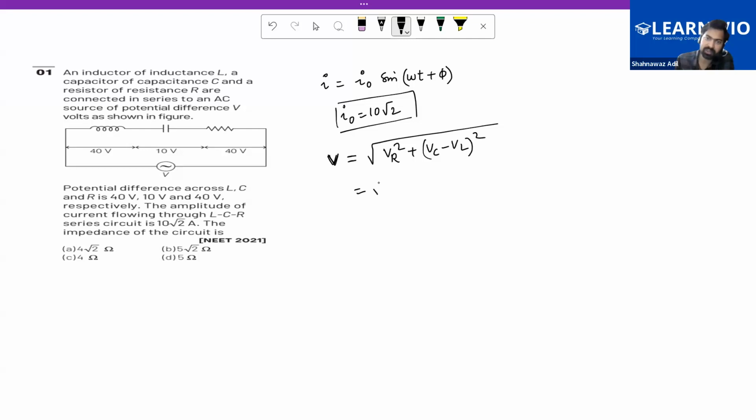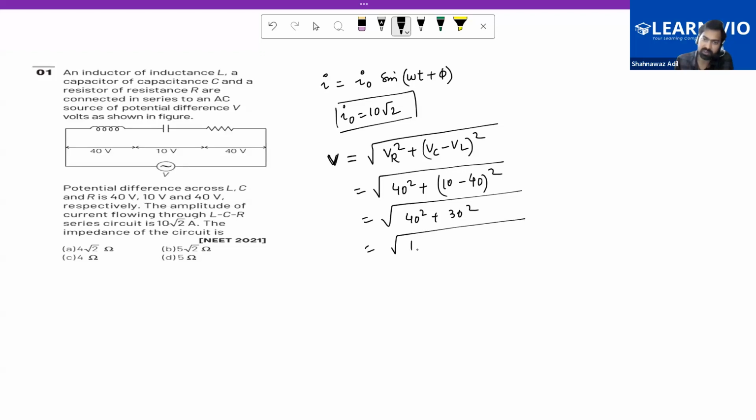VR is 40, so 40 square, and then VC minus VL, so VC is 10 and VL is 40, so this is 30 square. So this is 1600 plus 900, so this is 2500. So this is 50. So we know that VRMS is 50 volts.